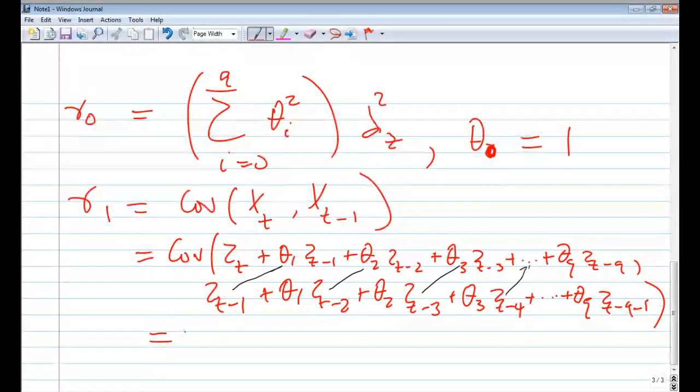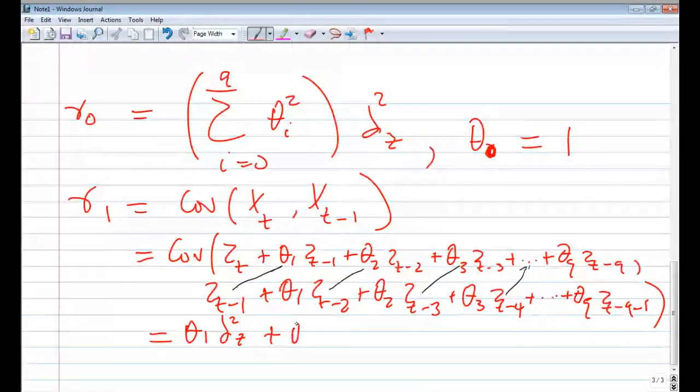So the answer is what? Theta 1 sigma squared z, the first one. Then plus theta 1 times theta 2, the covariance of zt minus 1, zt minus 1, is theta 1 theta 2 sigma squared z.